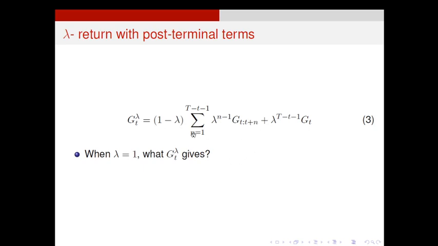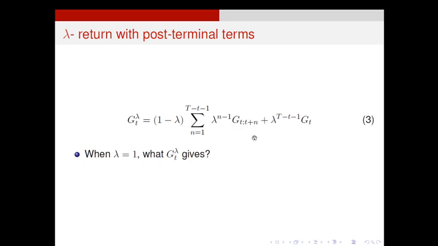But remember, here n runs from 1 to T minus 1. The initial value of n is 1. So the initial term in this sum is lambda raised to 1 minus 1, that is lambda raised to 0, that is 1. So before substituting lambda equal to 0 in this sum, you should expand the sum. When n equal to 1, we get lambda raised to 0 into G_t:t+1.